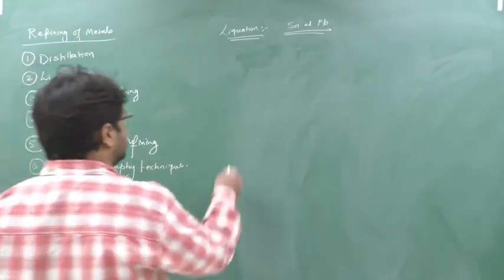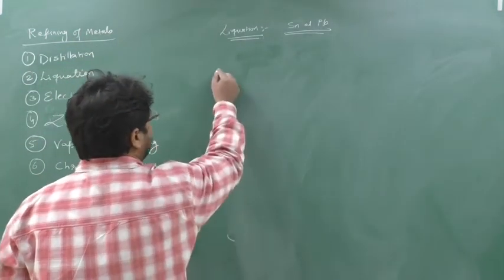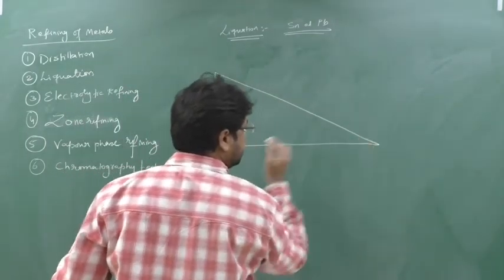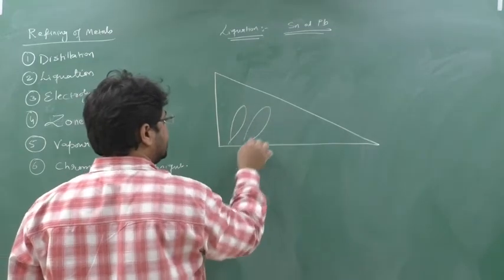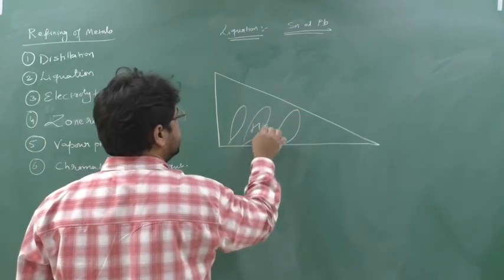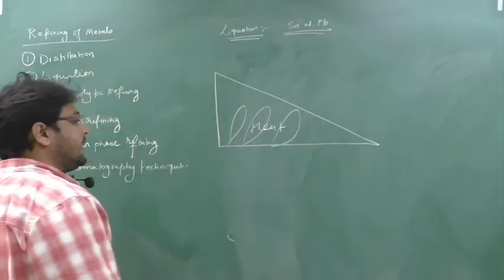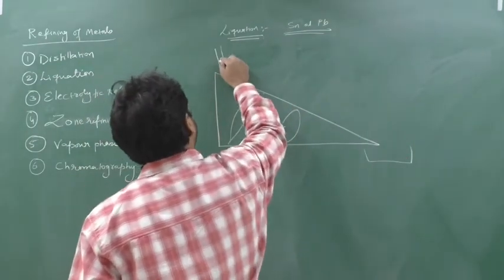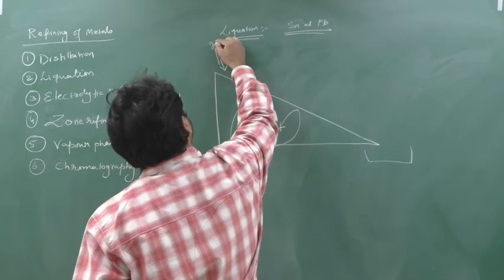In liquation, what are we going to do? We make a hearth furnace, a sloping furnace. And here there is a lot of heat. Now what will happen? Here they will put the impure metal.